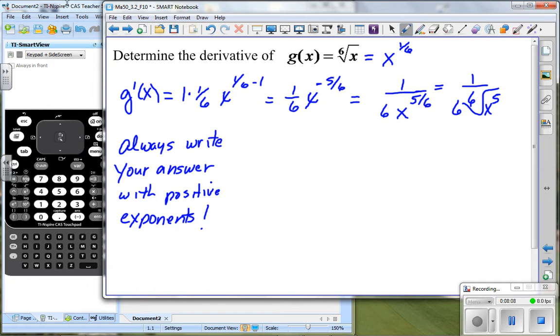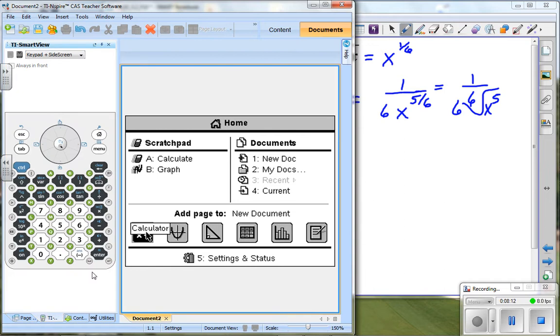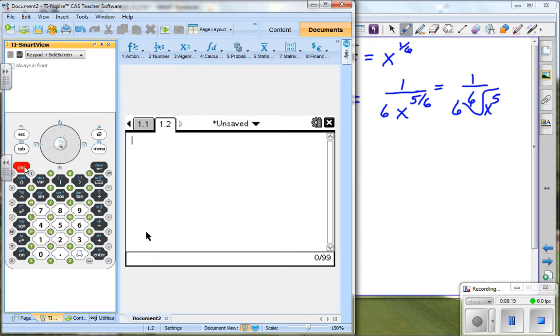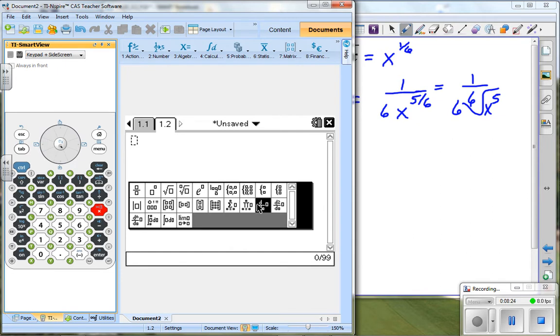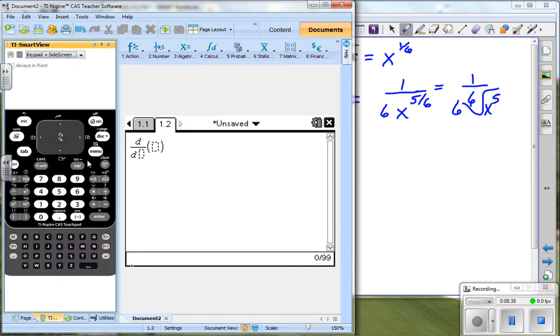Okay, let's look then at the Inspire, and let's see what we would need to do to get the same answer from the Inspire. We know about the template palette, and we can use our derivative from that. On the click pad, again, it's control on the multiplication. If you're on the touchpad, you have your own little key right here.